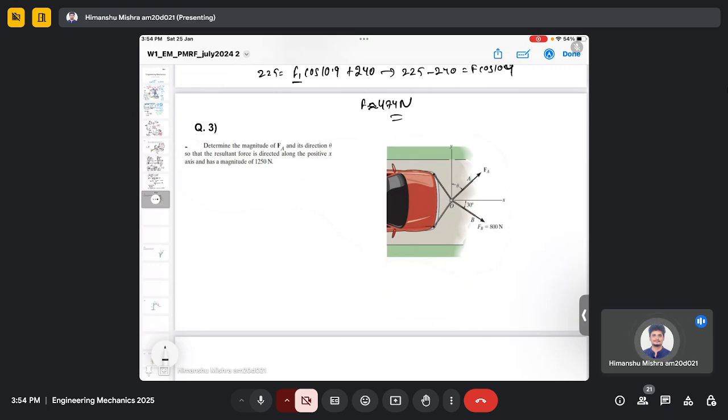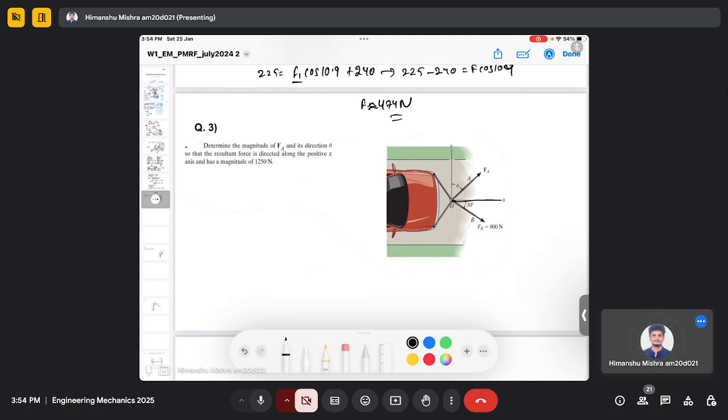So here we need to determine the magnitude of force Fa and its direction theta, so that the resultant force is directed along the positive x-axis and has a magnitude of 1250 Newton. So it's pretty much the same problem, and it has been given that the resultant force is in the positive x direction with a magnitude of 1250 Newton.